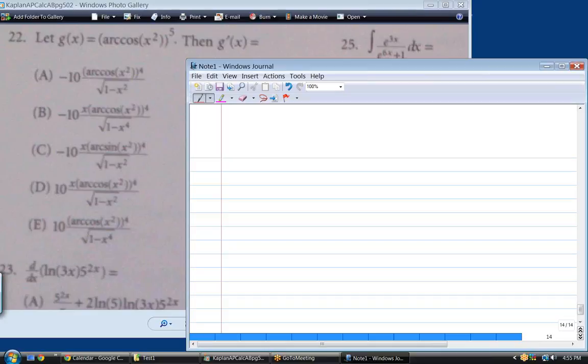In other words, to really figure out the chain rule, you want to figure out what you would let u be. If I let u be that, then I'm going to have u to the fifth. I can easily differentiate u to the fifth.